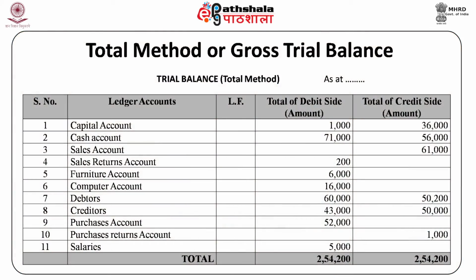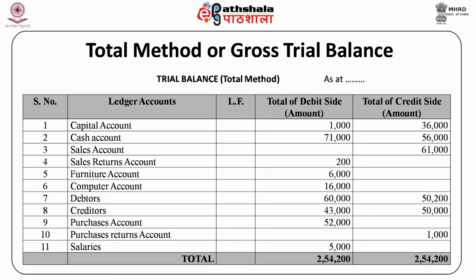The following trial balance has been prepared using total method. Trial balance, total method as at so and so date. Serial number, ledger accounts, ledger folio, total of debit side, total of credit side, amount. Number 1, capital account, 1000 debit, 36,000 credit. Cash account, total 71,000 debit, 56,000 credit.